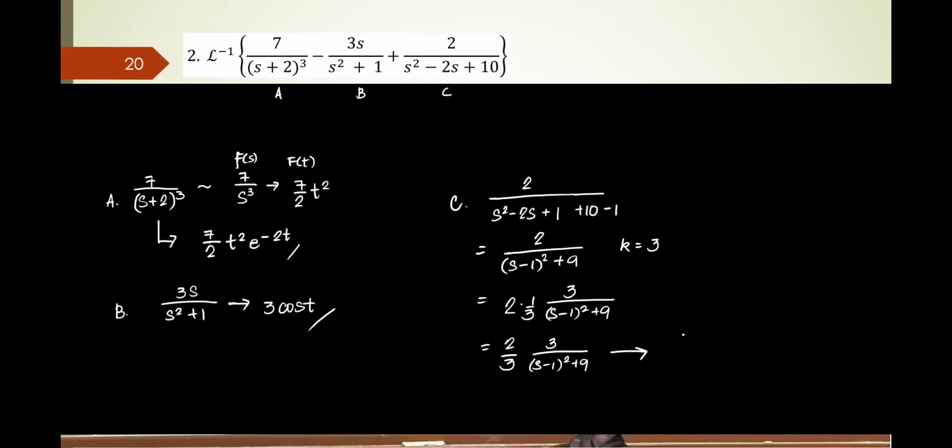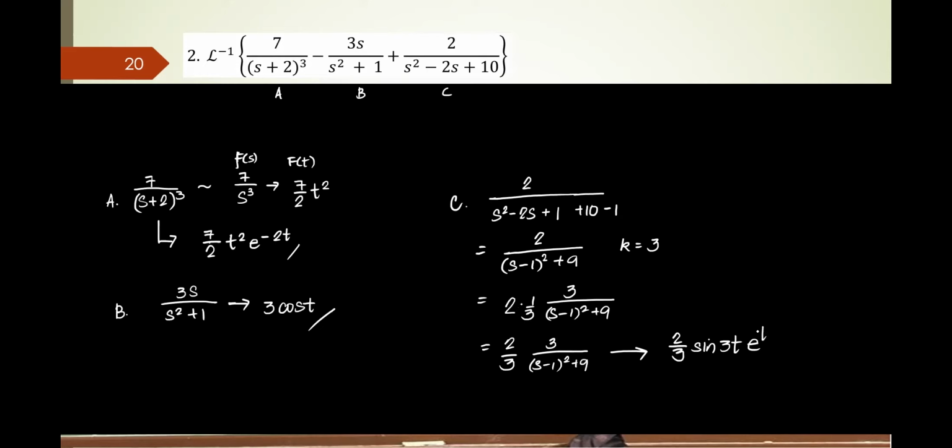So now let's transform this. What is the transform of that? You know that the form is sine or cosine? Sine. So 2/3 sine of what? 3t. Question, is there a shifting or none? Meron po. Shifting by how much? So by 1.